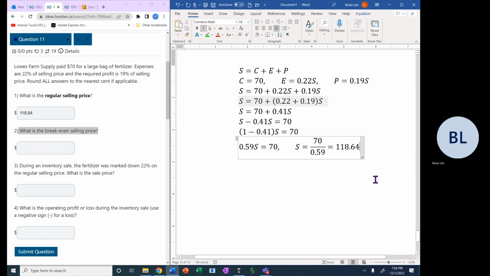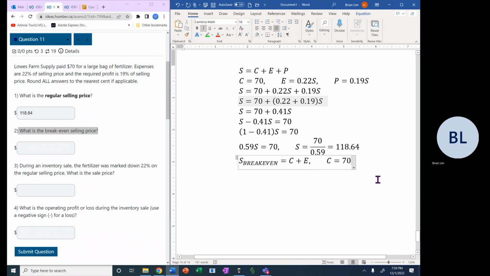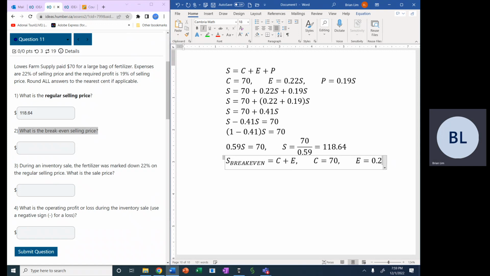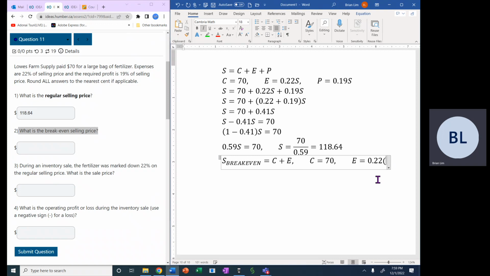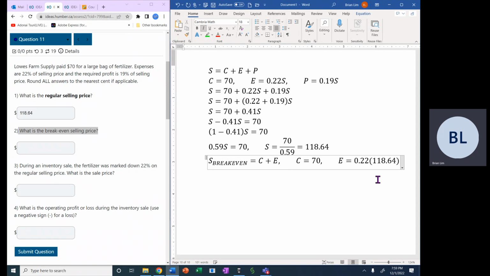Now the next part is, what is the break-even price? Now we know that the break-even price, so S at break-even, is equal to the cost plus the expenses, correct? And we know that the cost is 70 and the expenses are 0.22 times the value for S, which in this case is 118.64.